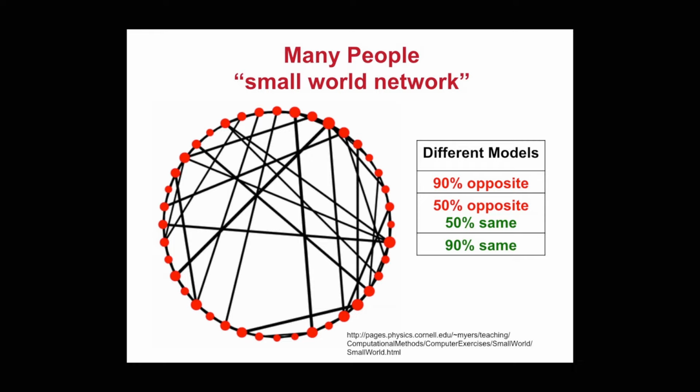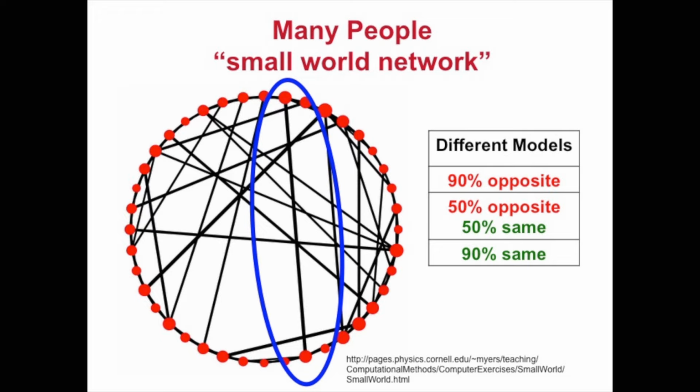Well, the world consists of a lot more than two people. So we've been making models of many people interacting in what's called a small world network. So the people here are represented by red dots, and there are links to other people by these black lines. Locally, that would mean people in their neighborhood where they live, and maybe in the office where they work. But people also have long distance connections to people in other cities or other companies.